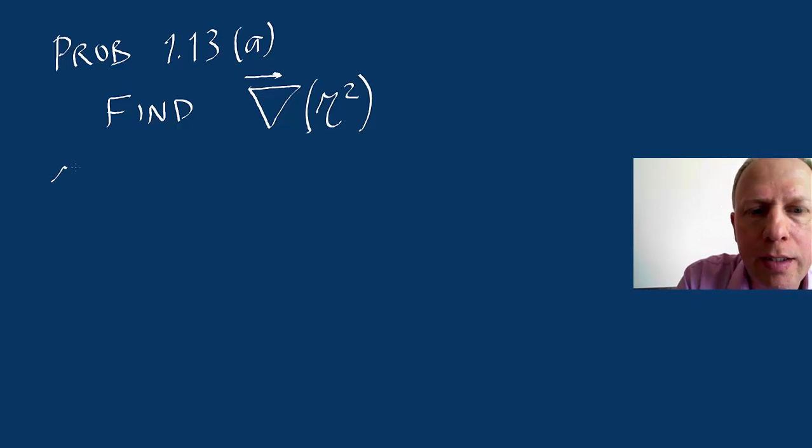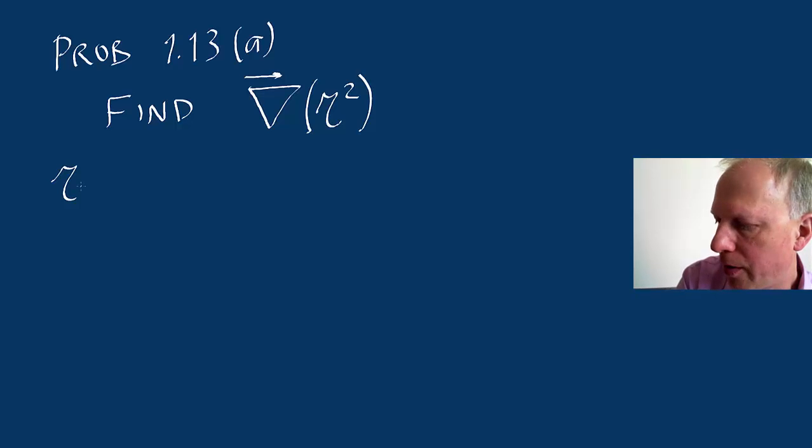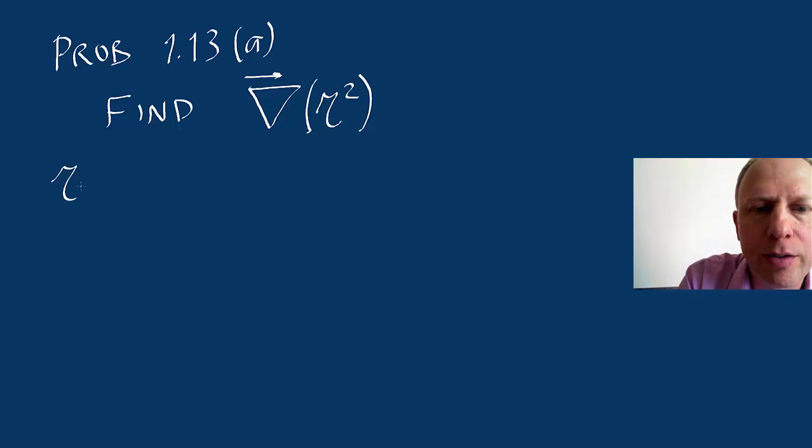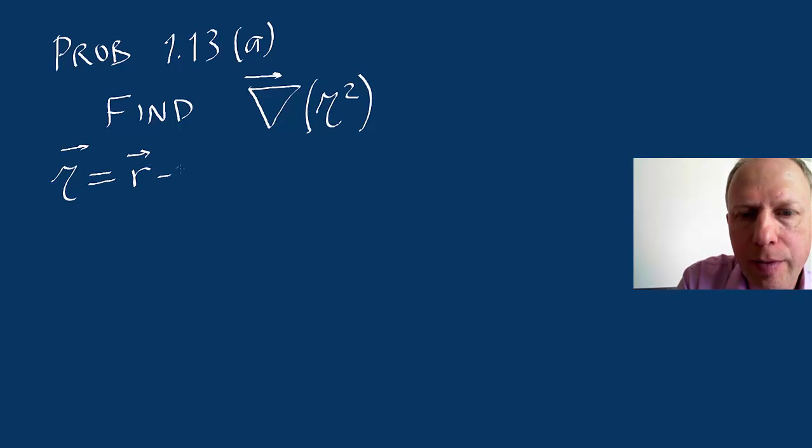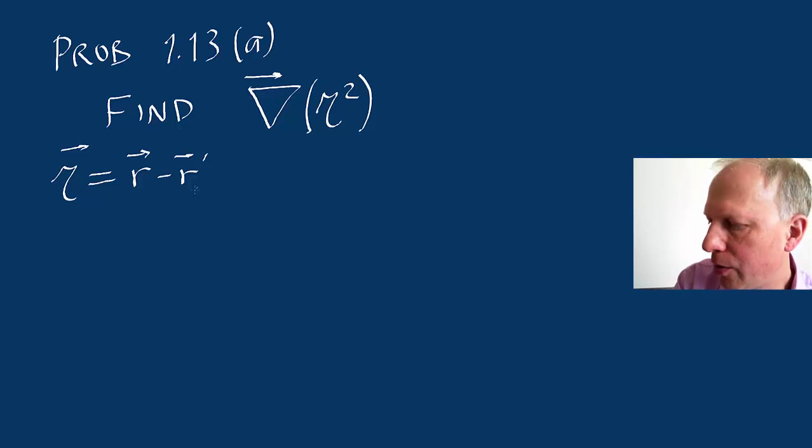Well, we need the function script r squared in terms of x, y, and z. And script r is r minus r prime, where r is the field point and r prime is the source point.